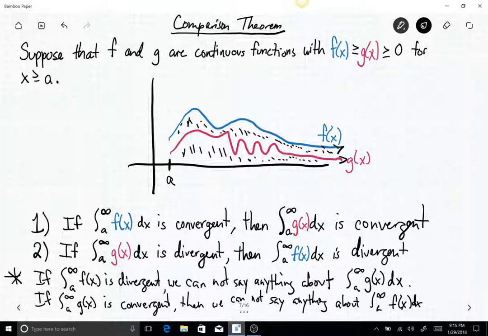So keep that in mind. We're always going to make a guess when using this comparison theorem. Is it convergent or divergent? Then we have to figure out whether we want to be looking for a larger function or a smaller function, depending upon our guess.